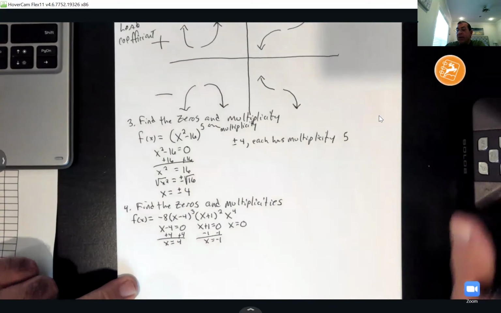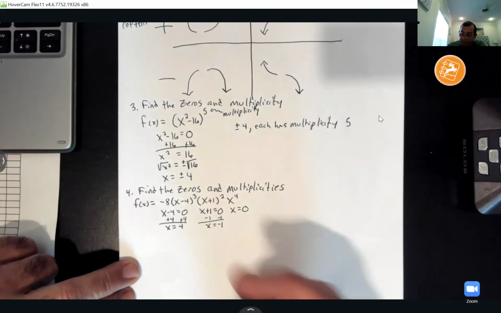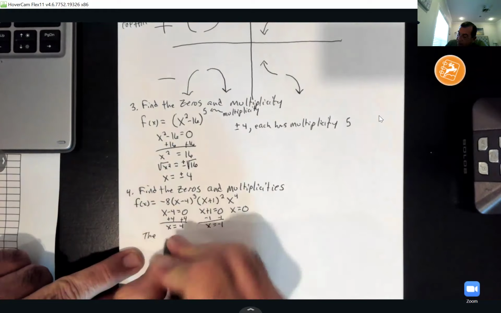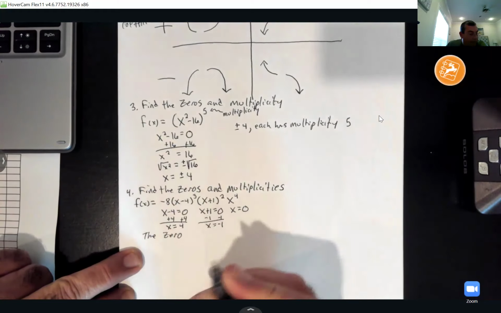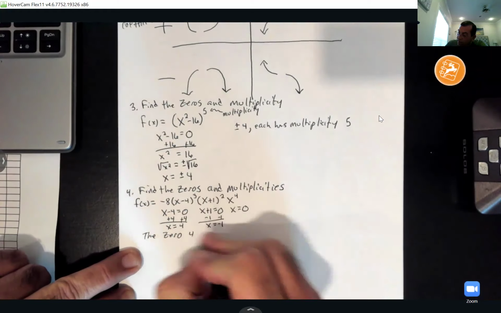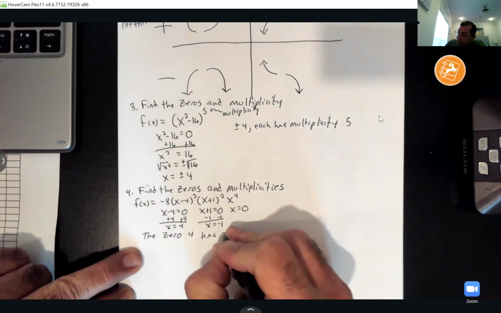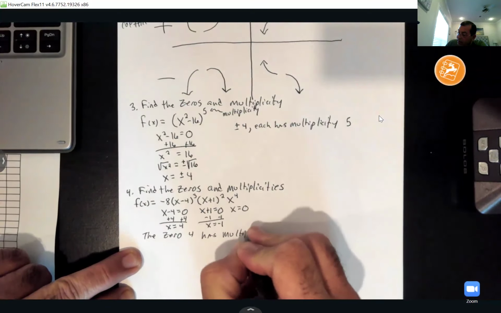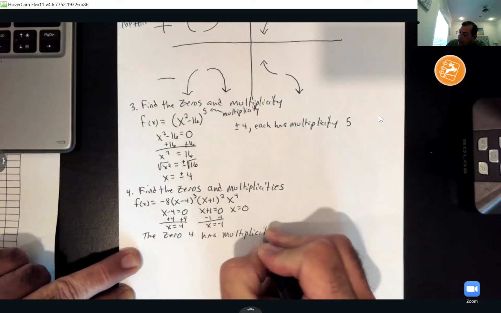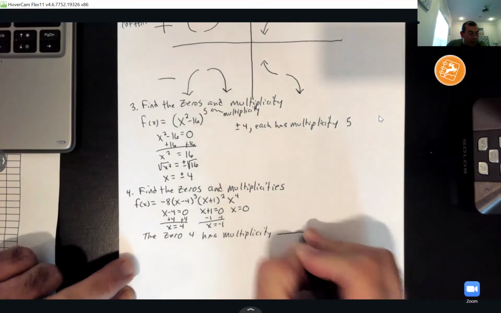So here's how they do the answer on this one. They'll have the 0, 4 has multiplicity blank.